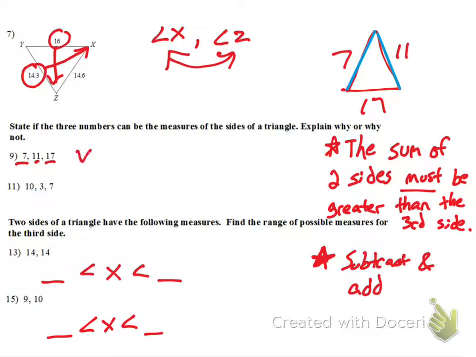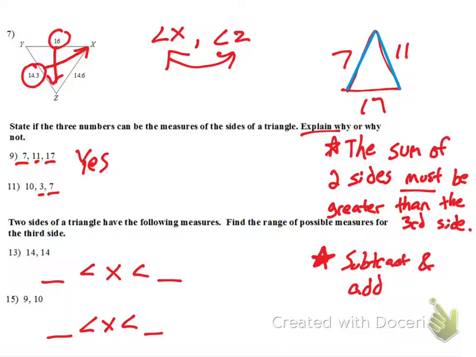So I would say yes. And then in your explanation, you would say the sum of 2 sides is greater than the third side in all cases. All right, and then same thing for number 11. So 10 plus 3 is greater than 7. 3 plus 7 is equal to 10.